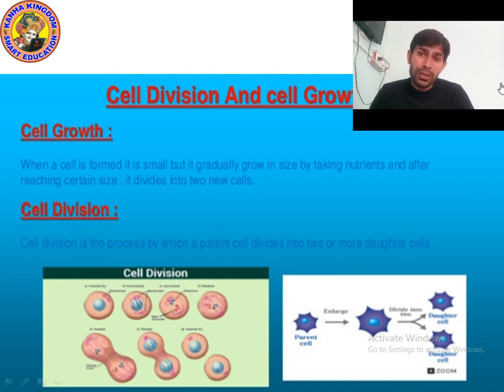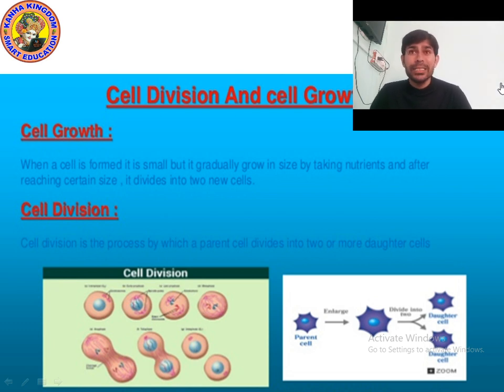We are also small in childhood, but we start eating food, and slowly our height, bones and muscles all start growing, and we become big. In the same way, the cell also grows and becomes large in size.